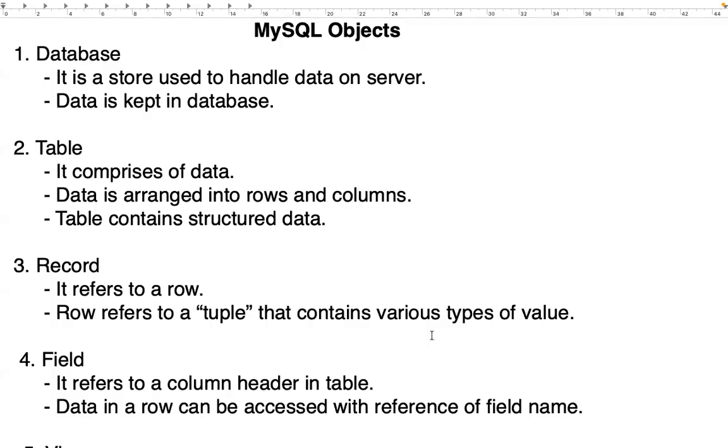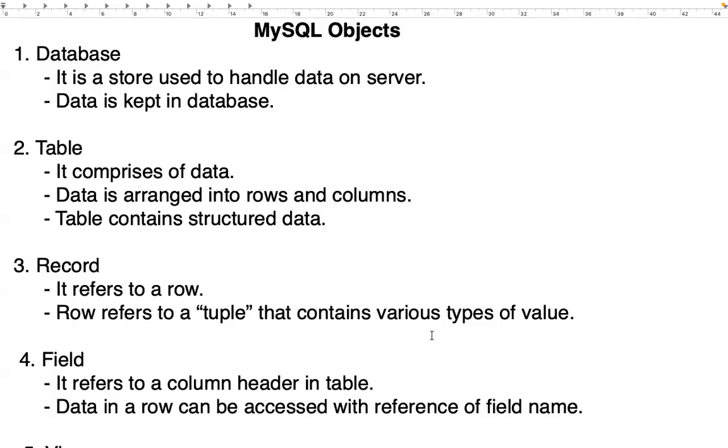In a database, it is arranged in tables. Tables contain information in rows and columns. Every row represents a tuple. Tuple means a collection of various types of values arranged in a sequential order in a structure. And every value in a table can be referred to using a field, and regularly used query results can be stored in a view so that we can use the query result again and again.